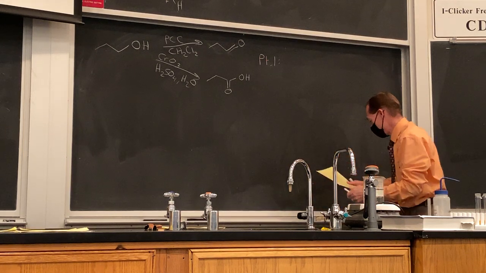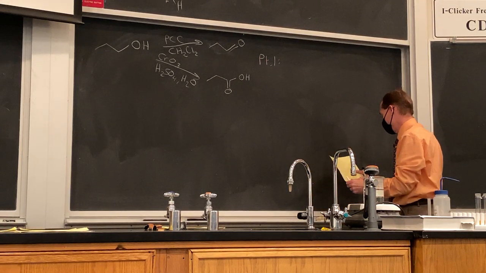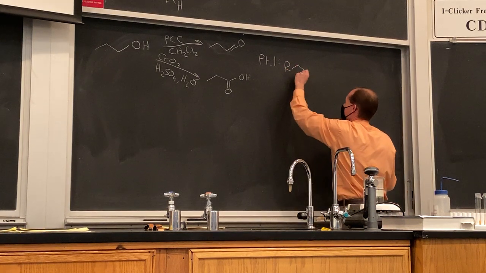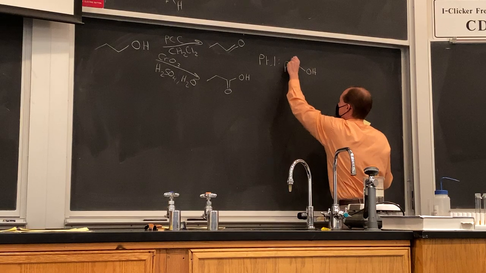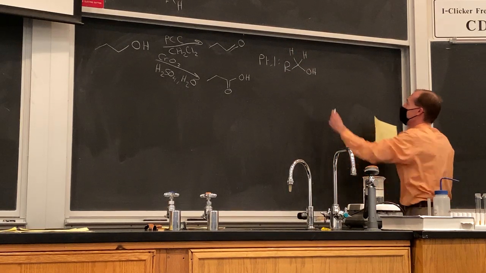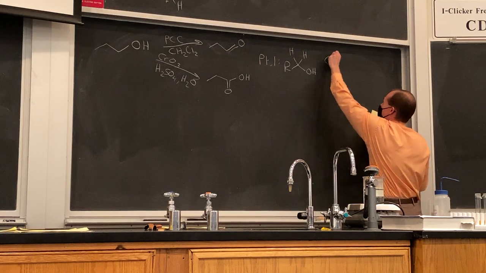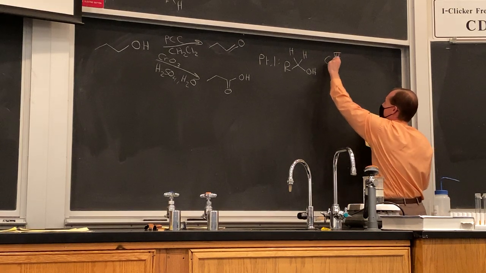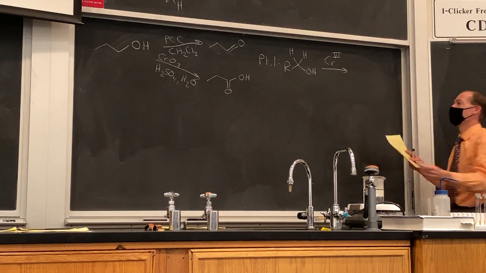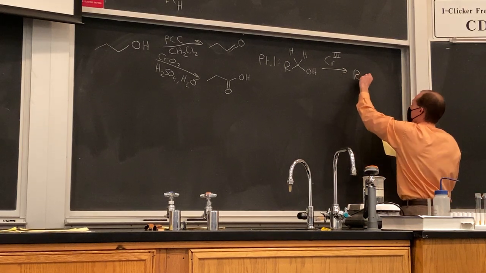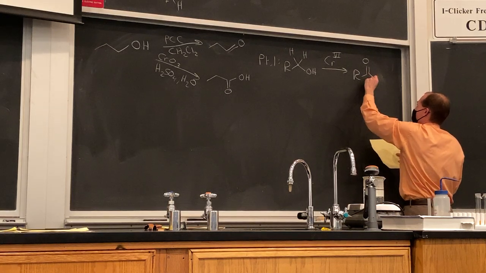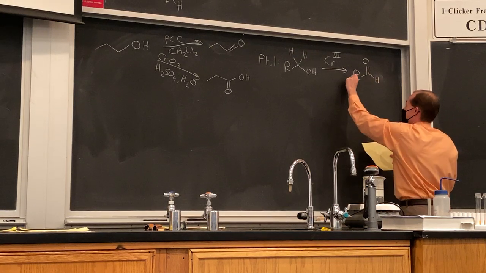we're not going to draw out the mechanism for part one because we have seen it before. We take our primary alcohol, we react it with a chromium-6 oxidant, and that chromium-6 oxidant generates an aldehyde, okay?